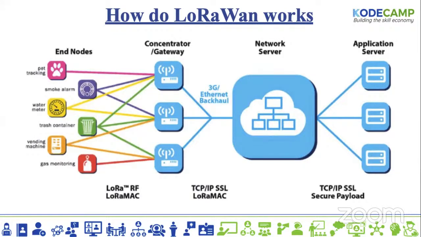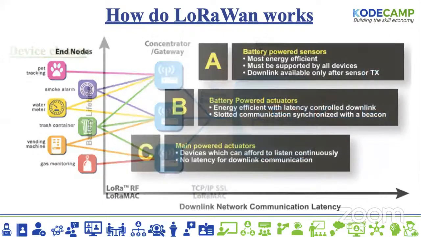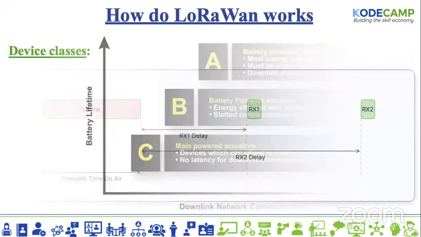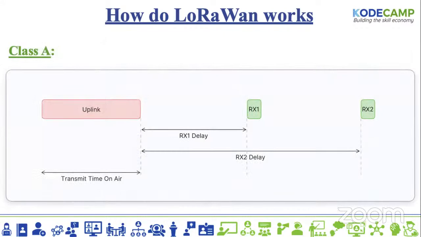Class A has an uplink time, which is the time in which it transmits, and a time in which it does not transmit.